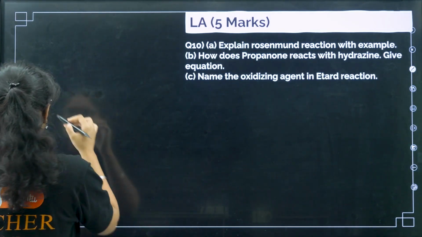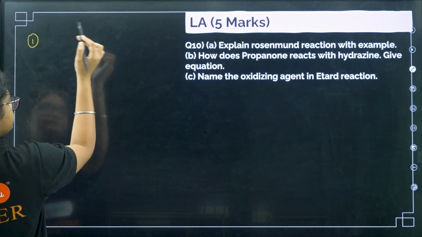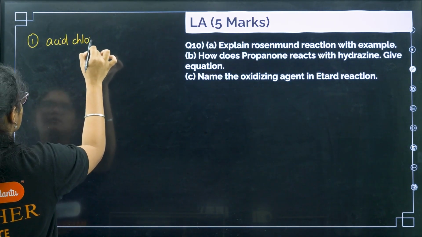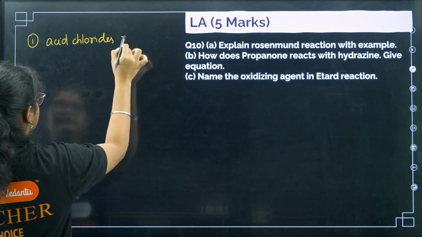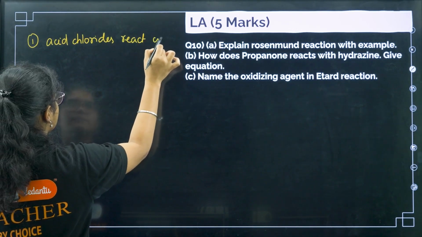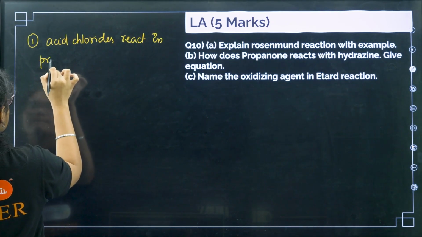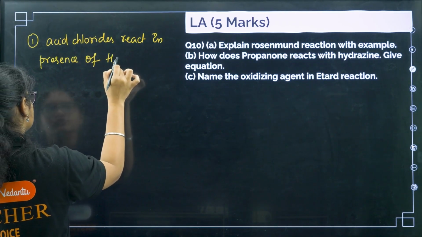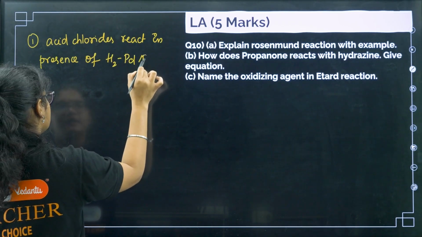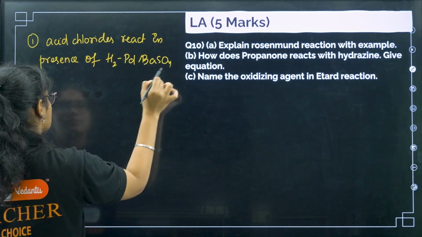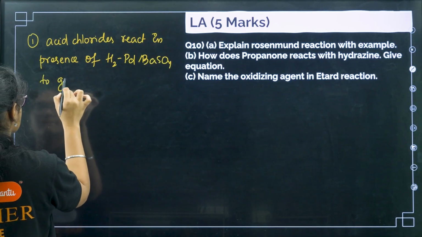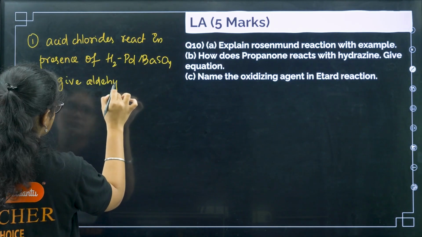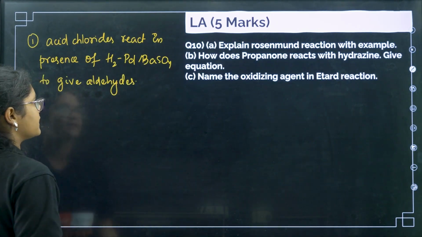First of all you can write down acid chlorides react in presence of H2, palladium barium sulfate to give aldehydes. That's the first thing.